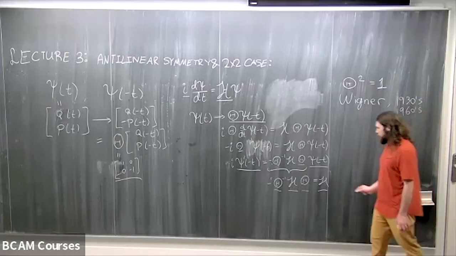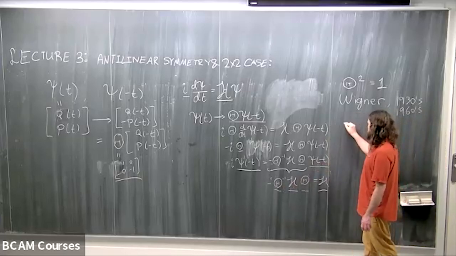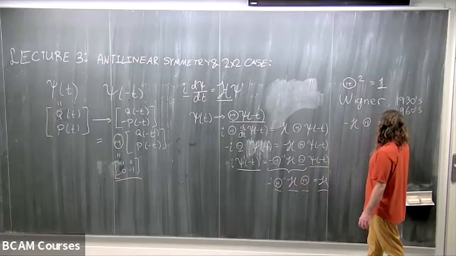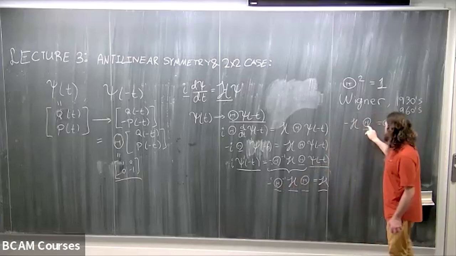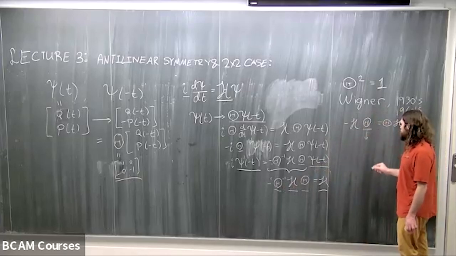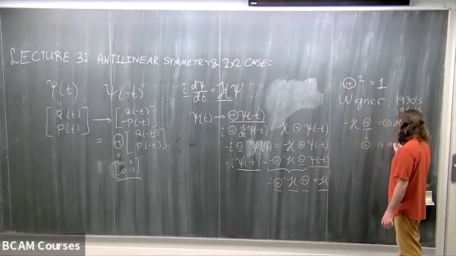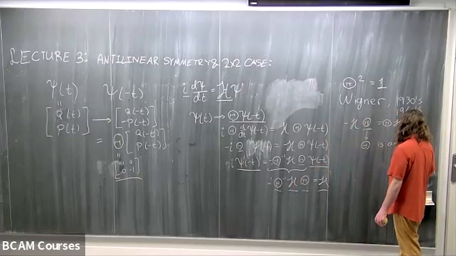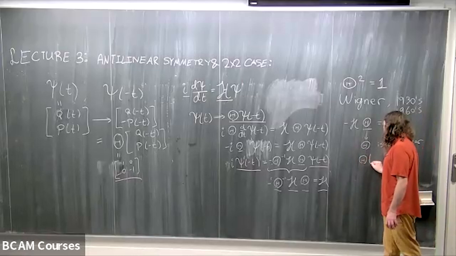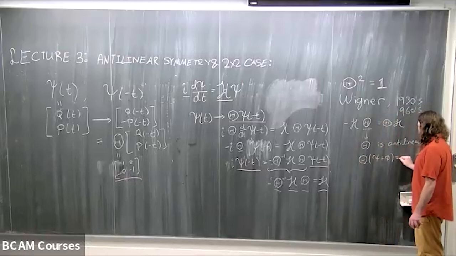So what Wigner said is, okay, we'll first move this theta over. So we still have minus h theta, this theta h. And what he did was he dropped the assumption that theta was linear. So he instead replaced it by the assumption that theta is not a linear map, that theta is an anti-linear map. And just as a reminder, what this means is, if I give you two vectors, the superposition principle still holds.